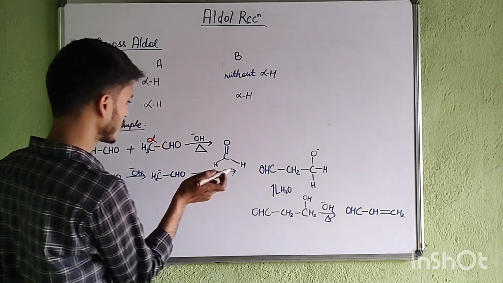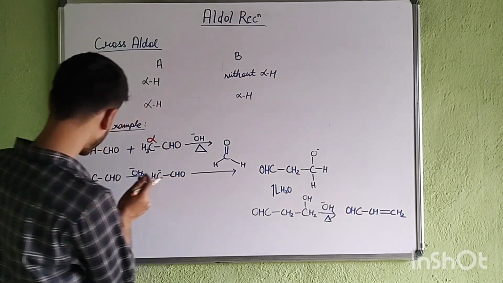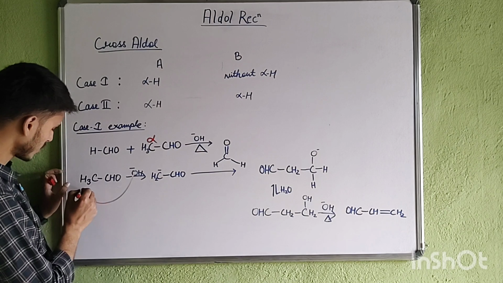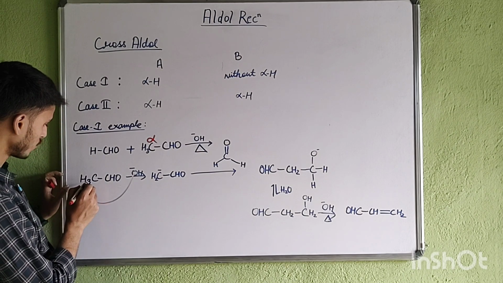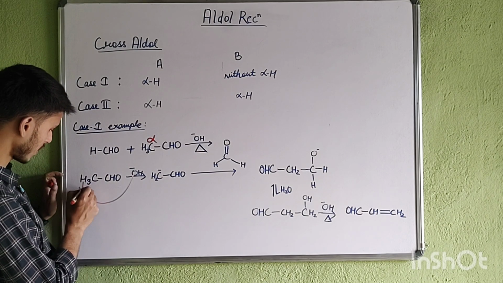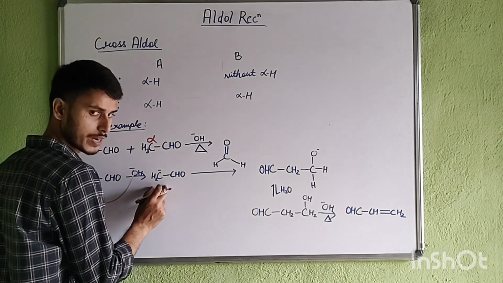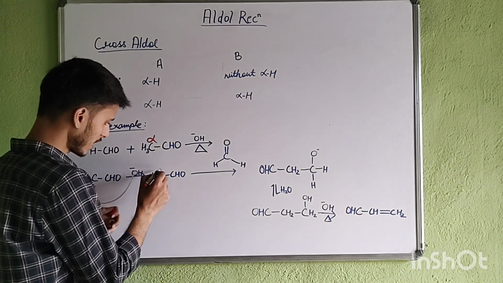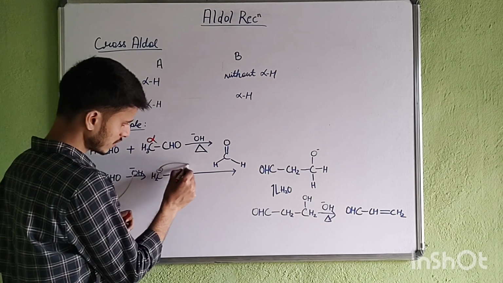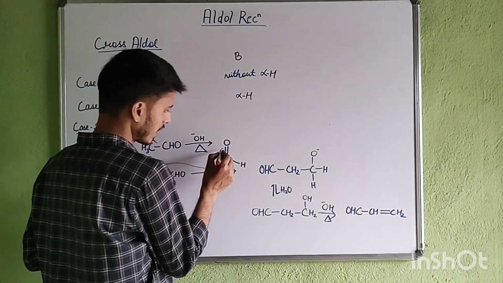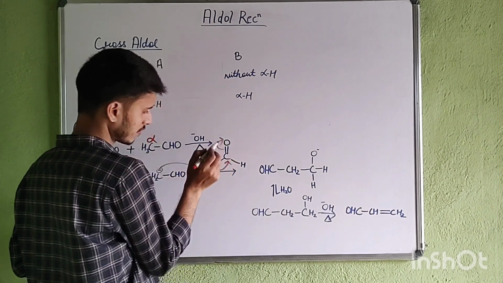So how does the reaction proceed? First, this OH minus will go here and extract one hydrogen from here, and then it will form CH2 minus CHO. Then again this will go and attack here on this carbon, and this will move further here.